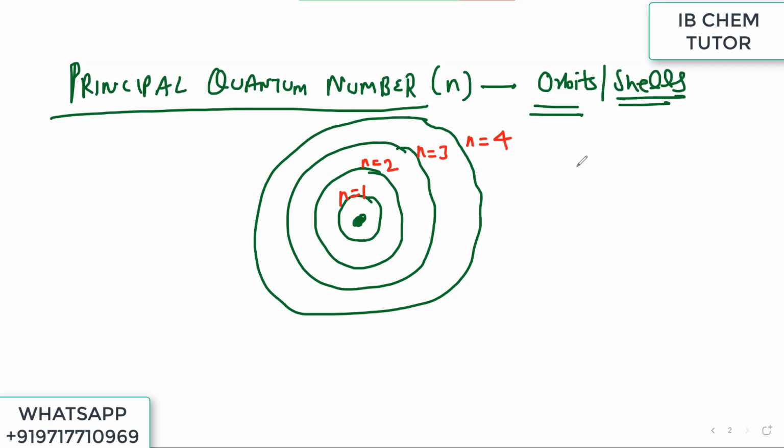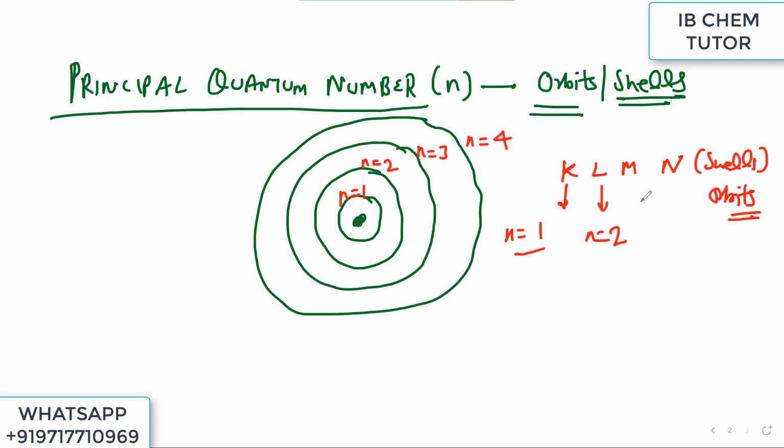You must remember that in the previous classes you have studied about K, L, M, N. So these are all shells or orbits. So for K, n is taken as 1. For L shell, n is taken as 2.